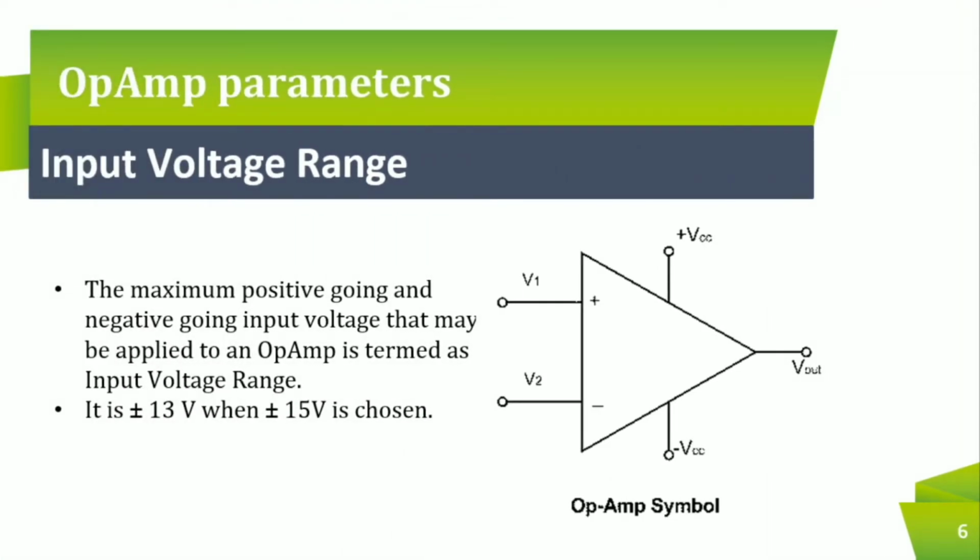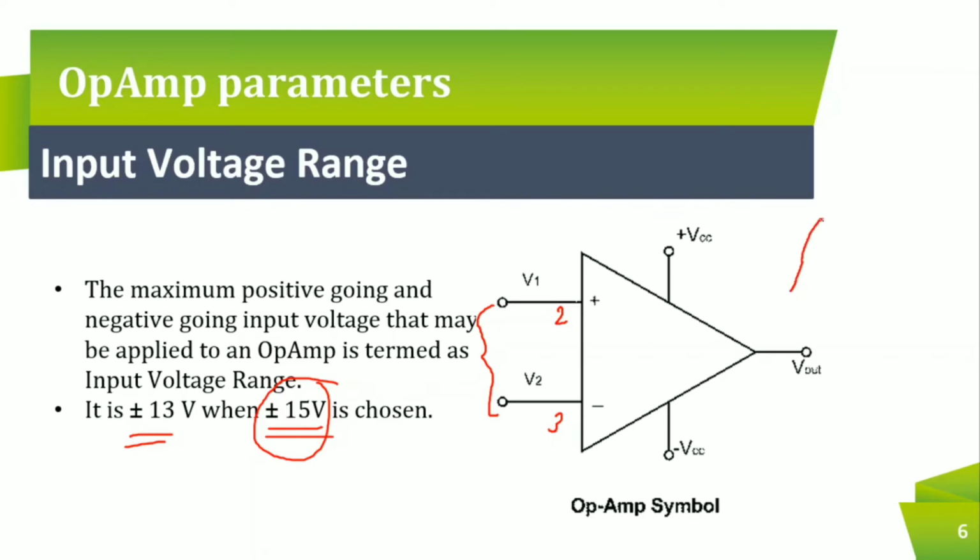So what is input voltage range? Input voltage range is defined as the amount of input that you can give to the input terminals, that is pin number 2 and pin number 3. If you are choosing VCC and minus VCC as plus and minus 15 volts, then the input swing can be plus 13 volts to minus 13 volts. What is the swing?